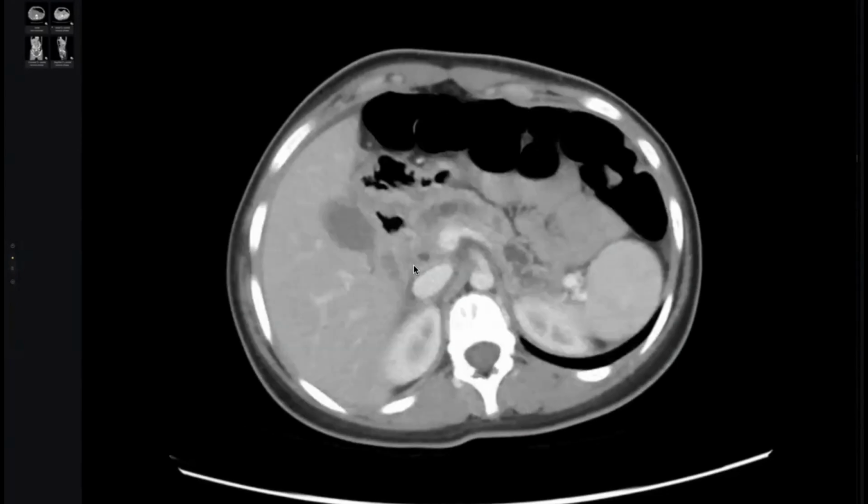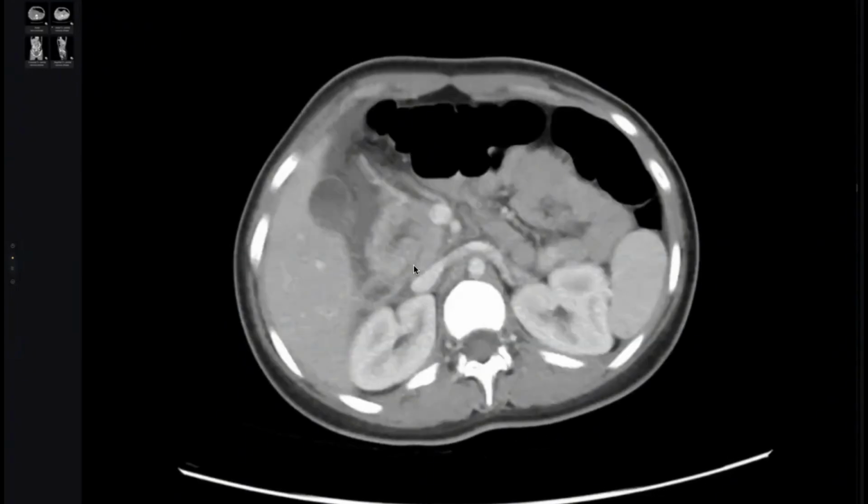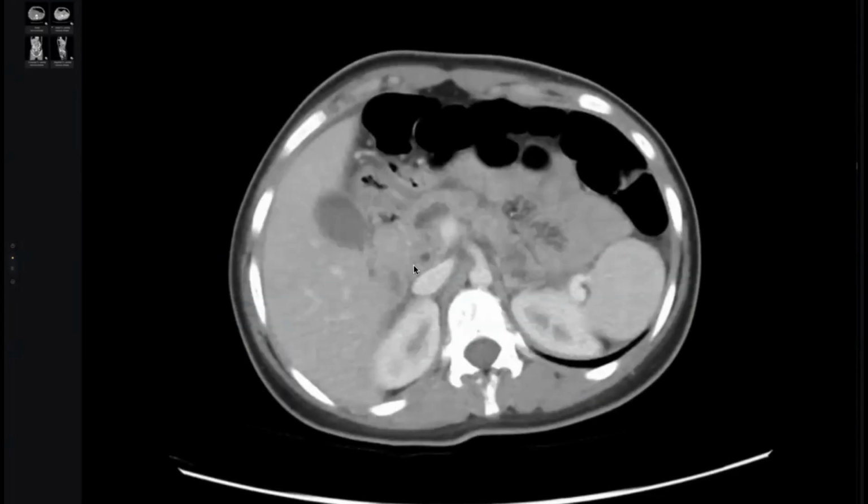There is no connection between the minor and major ducts. The major duct is normal. The minor duct appears dilated, and it is draining into the minor papilla. Excellent. What is the name of this disease? It is pancreatic divisum. Excellent.